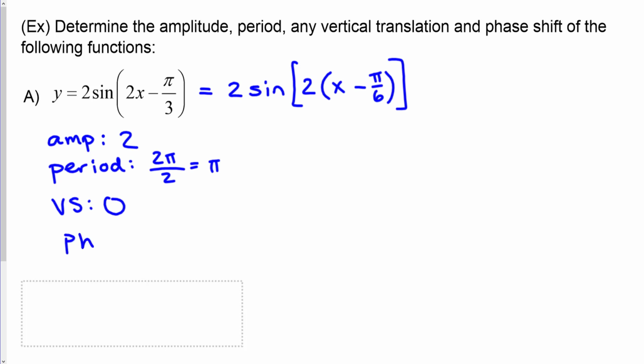But the phase shift, which is the horizontal shift, is pi over 6 units, but you need to indicate whether you're going to the left or to the right. And just remember, it's the opposite of the sign that's in the function. So since it's x minus pi over 6, which is a negative direction, it's going to move me to the right. So it's just the opposite direction of the sign.